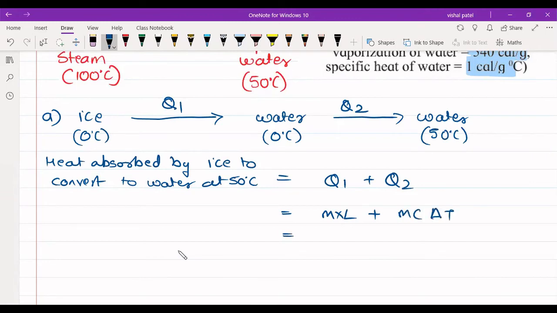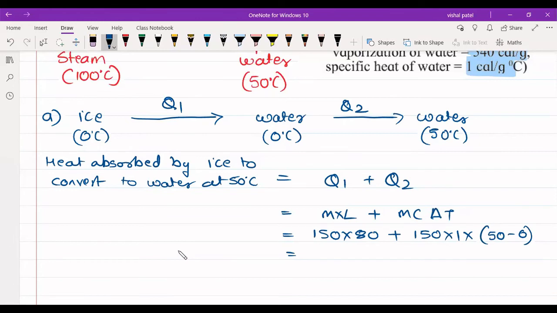So just let me take the values. Yes, we have 150 grams of ice into 80, that is latent heat, plus 150 into 1 into 50 minus 0. Is that clear, all of you?